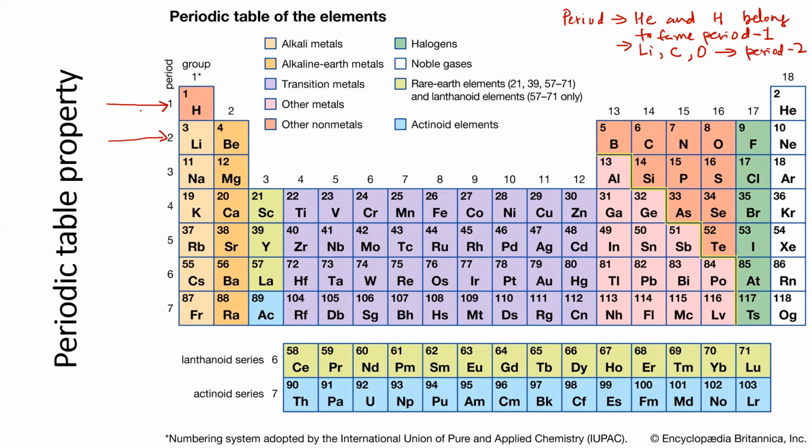Now, what is the significance of that? The significance of this period is that if it is one, it means it only has one shell. Technically, it only has K. If it is two, it means it has two shells, which means it has K and L. Three means three shells.